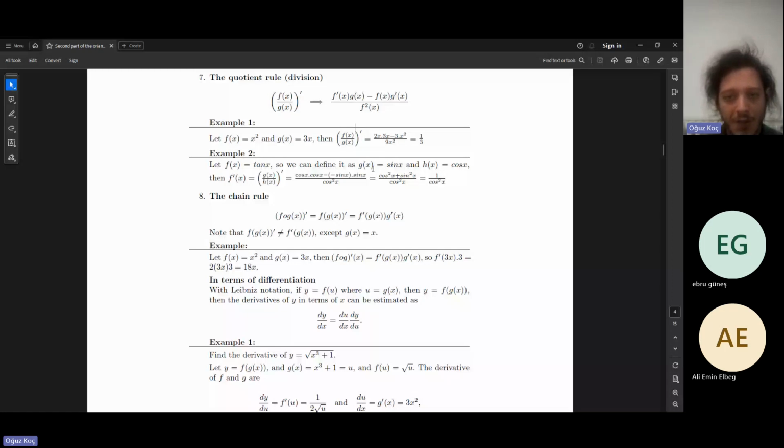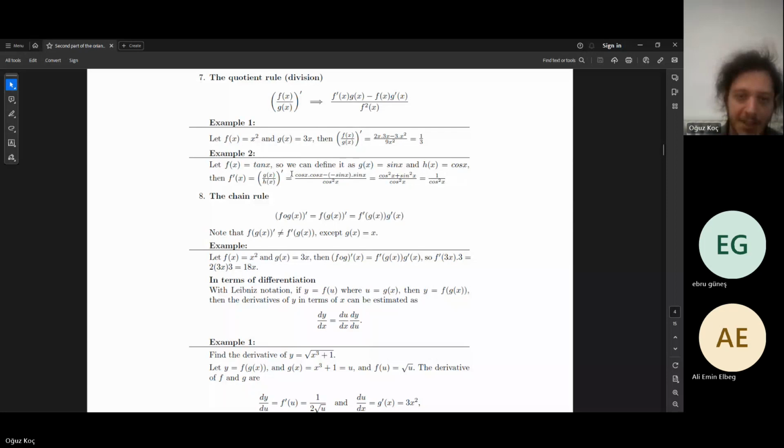In this case, g of x is equal to sin x, and h of x is equal to cos x here. When we take the derivative of this division, it is equal to the derivative of sin x, which is equal to cos x, times the second function itself, minus the second function's derivative, which is minus sin x, times sin x, the first function itself.